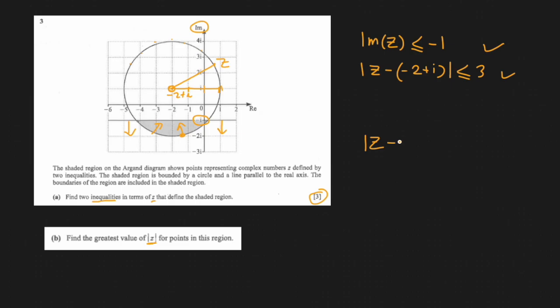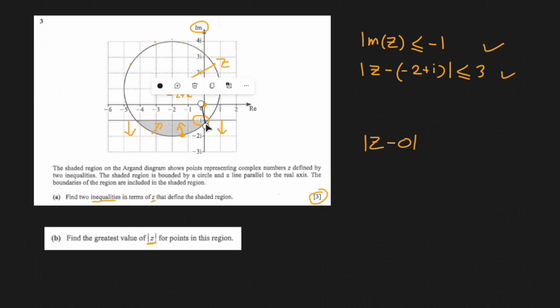Our reference point is what comes after z. There's nothing after z here, so I'll write z minus 0. That means we are talking about the origin. From the origin, we should have the maximum distance to a point in this shaded area. So let me draw a line from this.